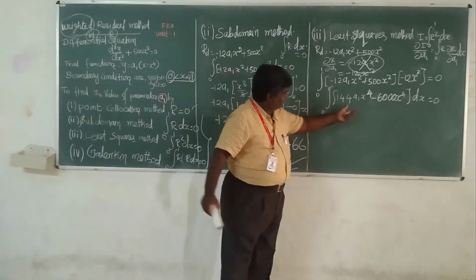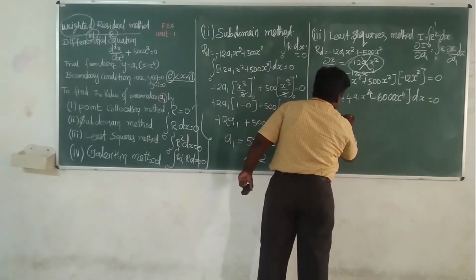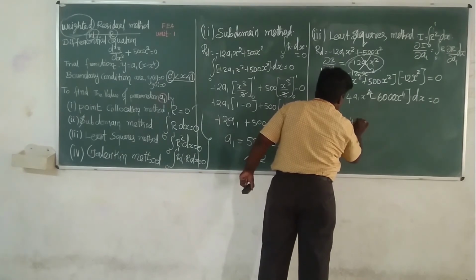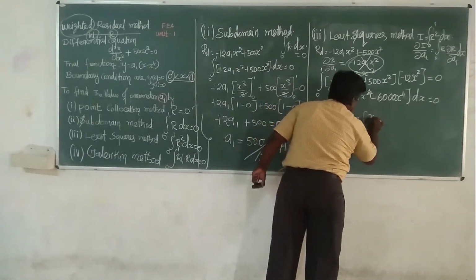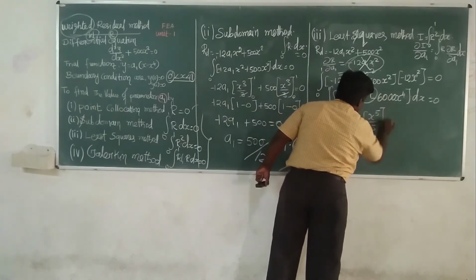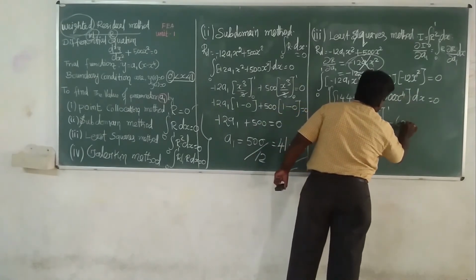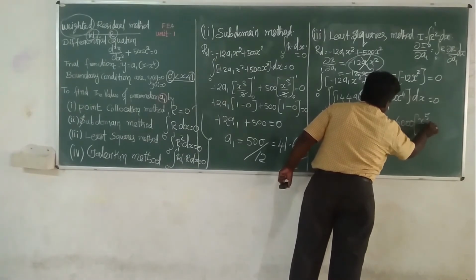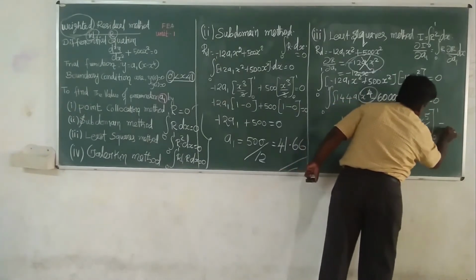Then next you have to integrate these values: 144 a1 x, integrate the same, x 5 divided by 5, limit value is 0 to 1, then minus 6000 x 5 divided by 5, limit value is 0 to 1.